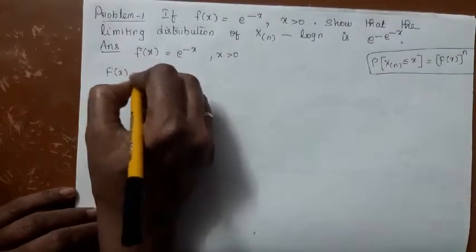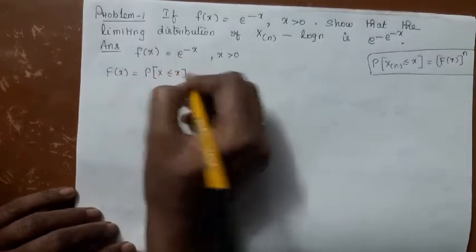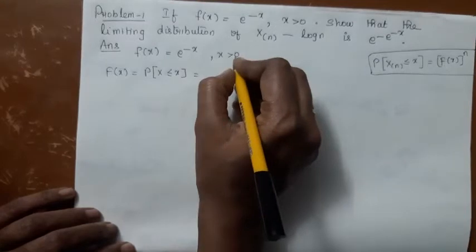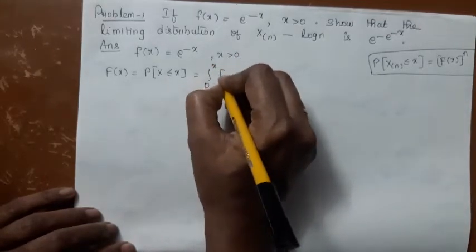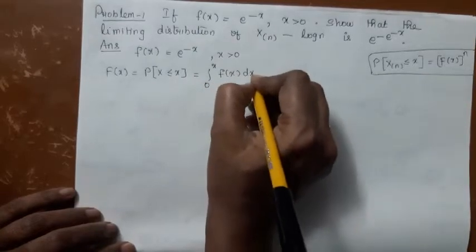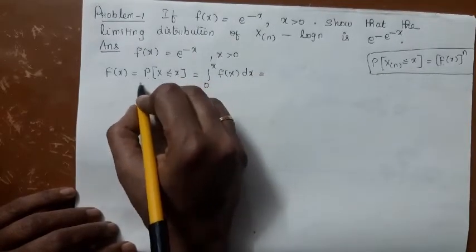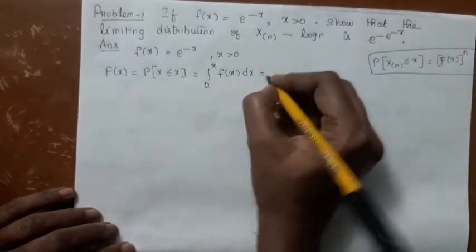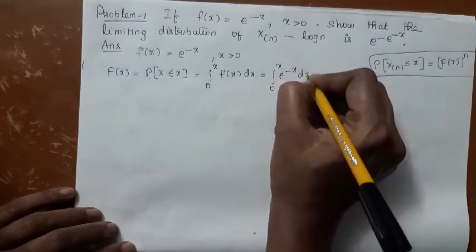Your capital F of x is probability of X less than or equal to x. So the least value of X is 0, so you should integrate from 0 to x, f of x dx, right? X less than or equal to x means from the least value of X to small x. Okay, so 0 to x e power minus x dx.